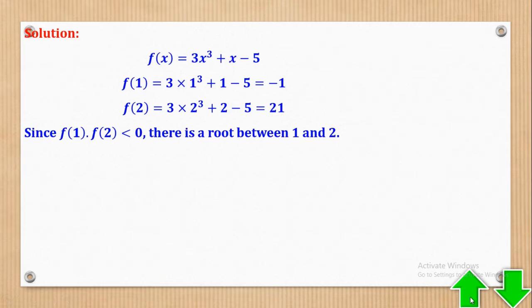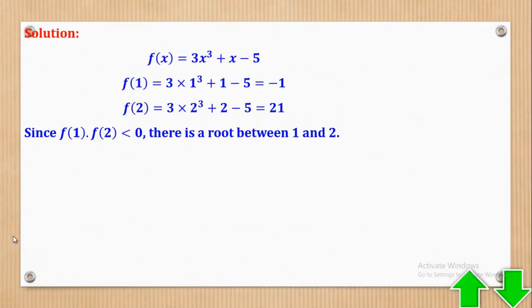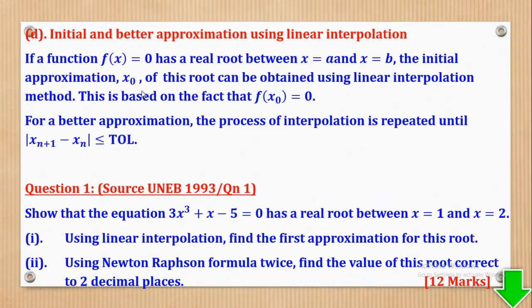Now let's go to the next part. The next part says, Roman 1, using linear interpolation, find the first approximation of this root. So we have to remember the knowledge that when you are getting the initial approximation, f(x naught) is equal to 0.